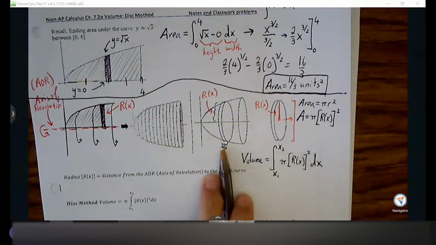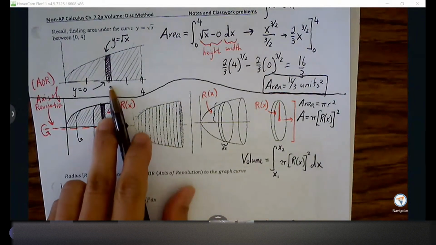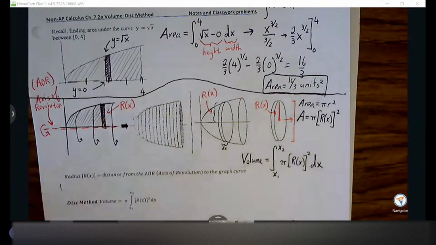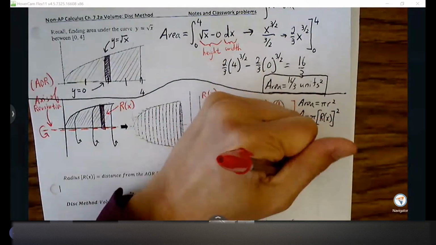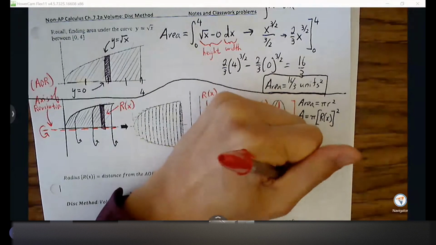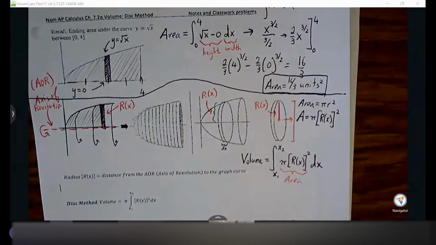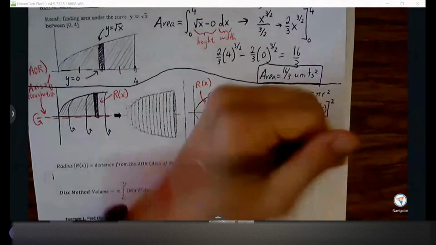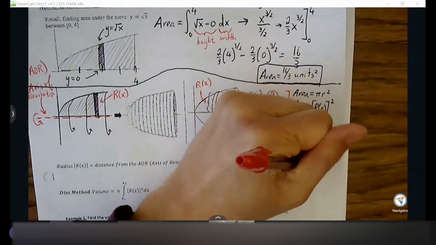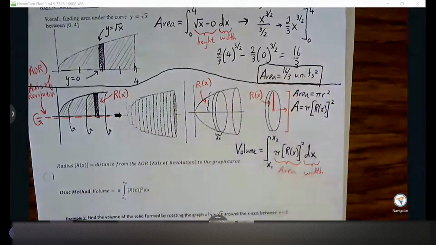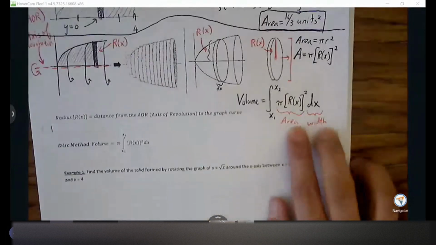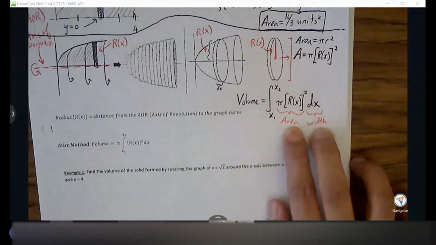So you think of that dx as a representative width, just like how dx is a representative width of our rectangle. Now look at the component here. Pi r squared is area, right? That's already a two-dimensional calculation. But then we're going to add on this dx width, which is a third component, and that gives us our third dimension, right?